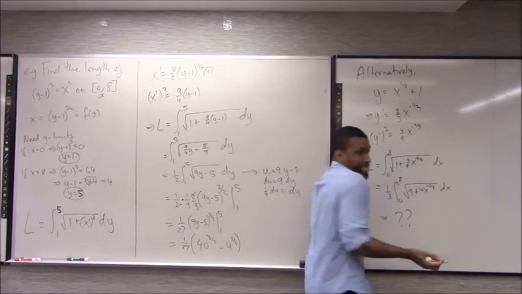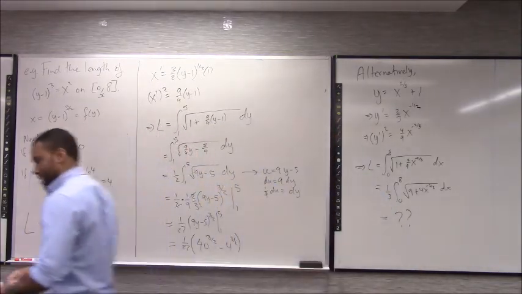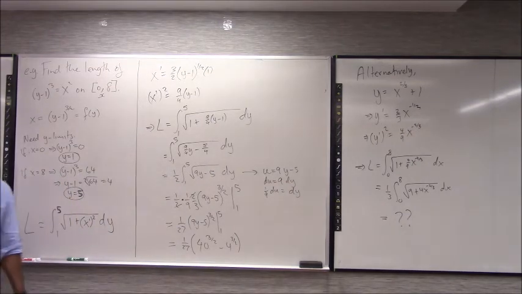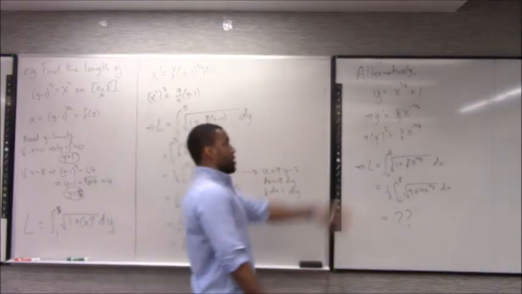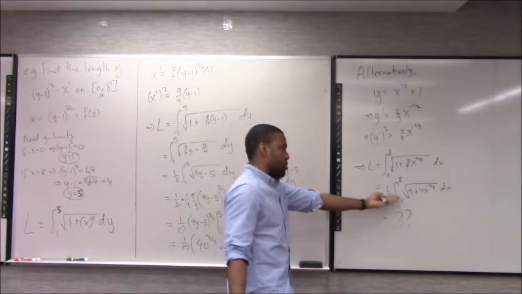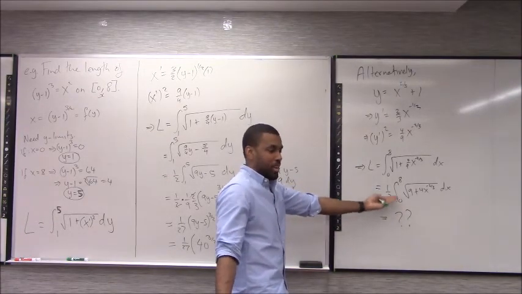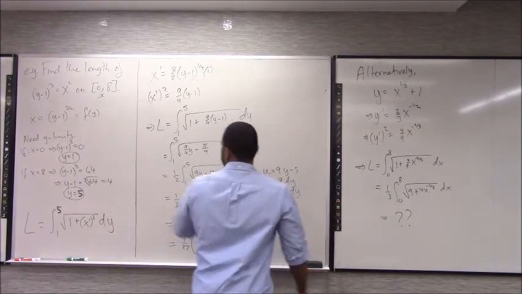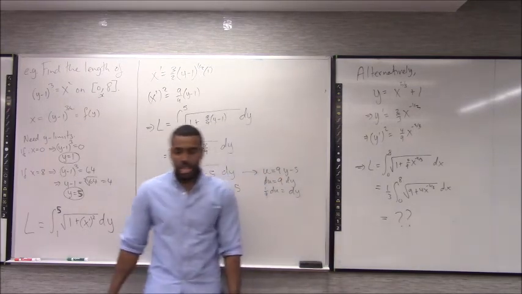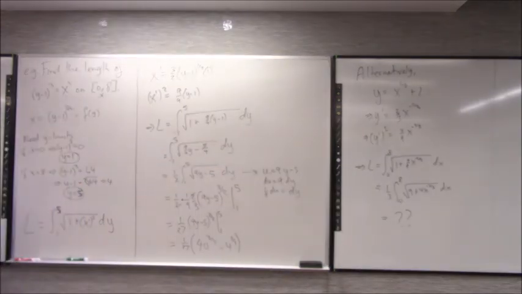I don't know. We don't have a technique to deal with that guy. So if you had tried this, you would have gotten to this point, and hopefully you would know enough to know that we don't know how to do that, and then you go the other way. So that's why it's useful to know that the formula can work in terms of either variable.